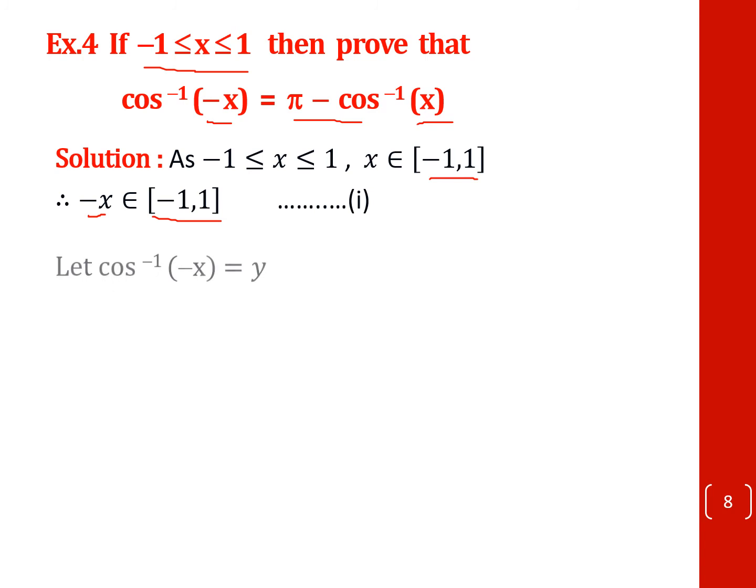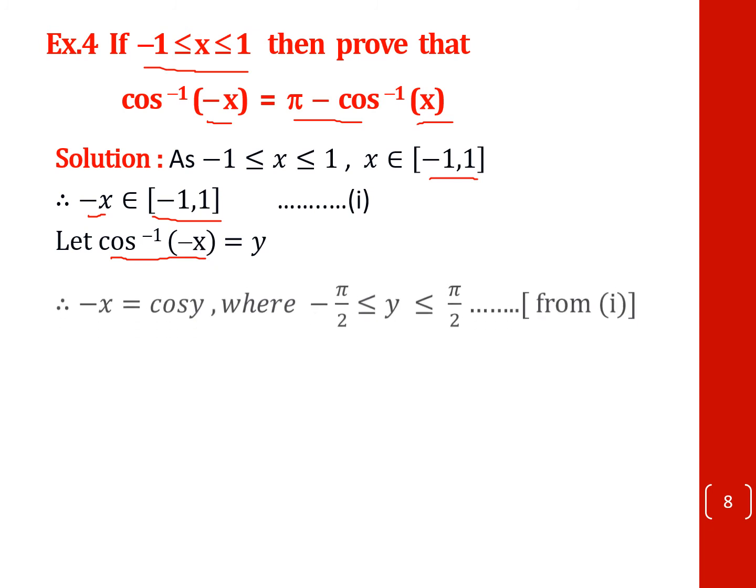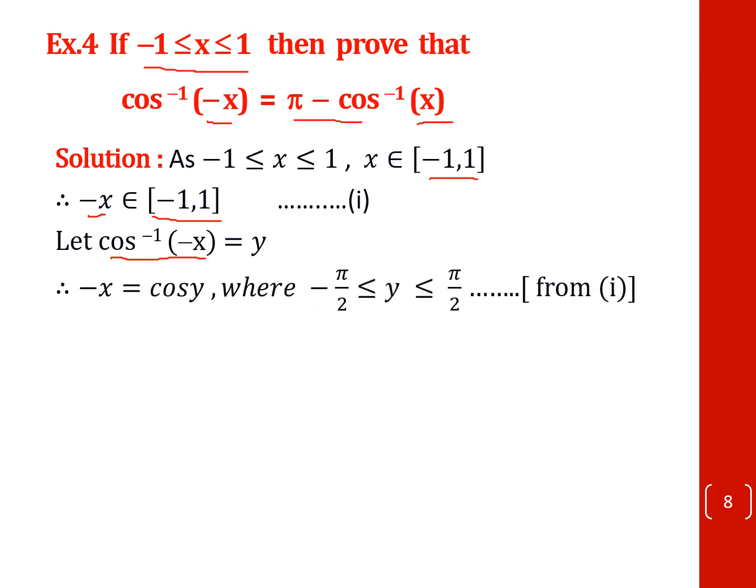So, let us consider cos inverse of minus x equal to y. Therefore, student, minus x equals cos of y, where y lies in the principal value branch of cos inverse. And also from 1, this minus x belongs to closed interval minus 1 to 1.